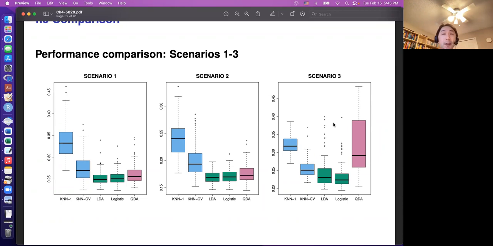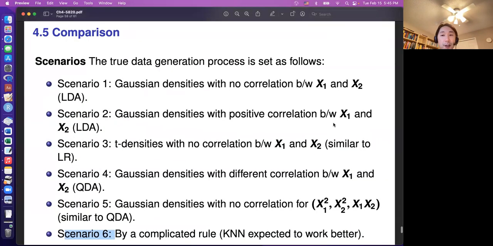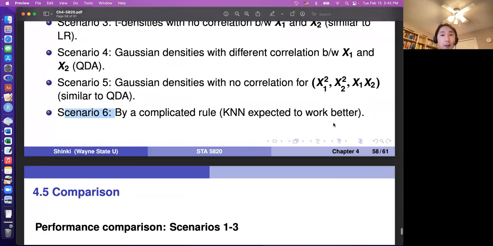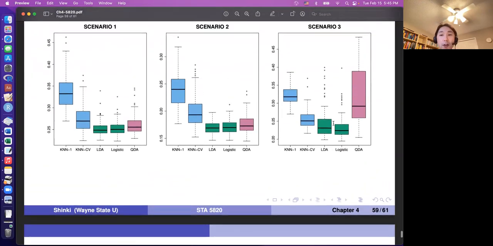Scenario 3 is similar, but based on T densities. So logistic regression probably works better than LDA, and actually in this simulation, logistic regression performs better. So even with a linear boundary, when we have many outliers, logistic regression may work better than LDA.